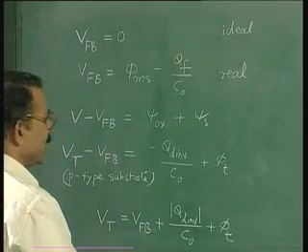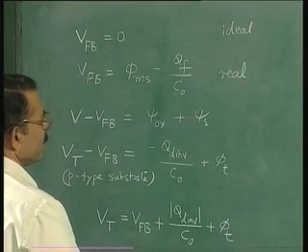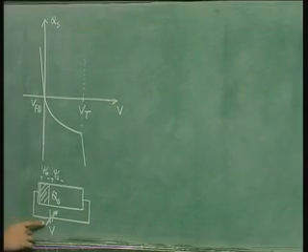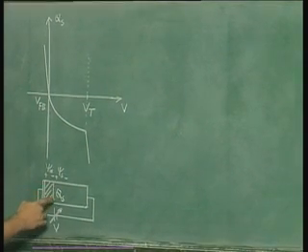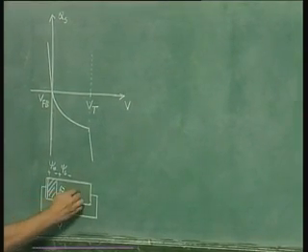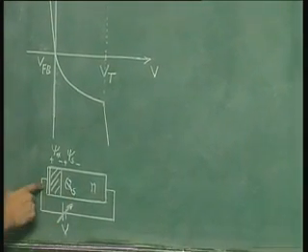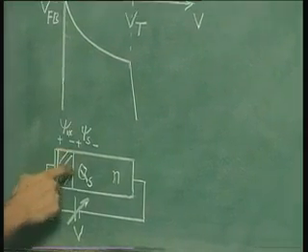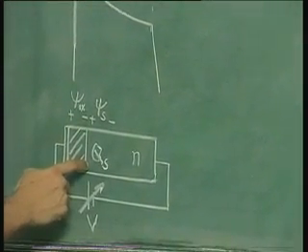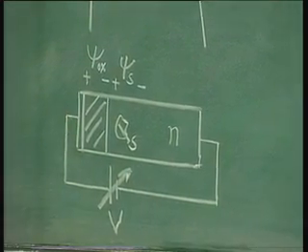Now what will happen to an n-type substrate? If the substrate is n-type, then please note here in terms of this diagram, for creating an inversion layer in an n-type substrate, you will have to apply a negative voltage, because inversion layer in n-type substrate means holes at the interface. To get positive charge in silicon, you should apply negative voltage.